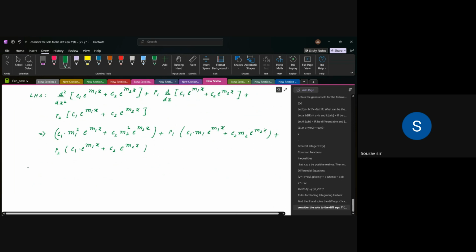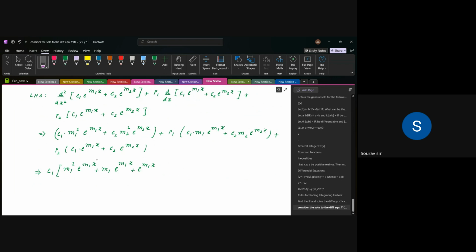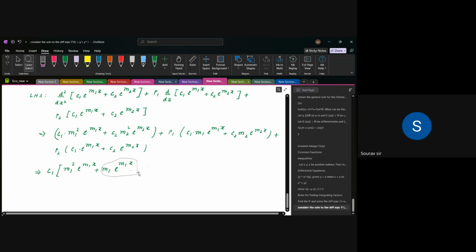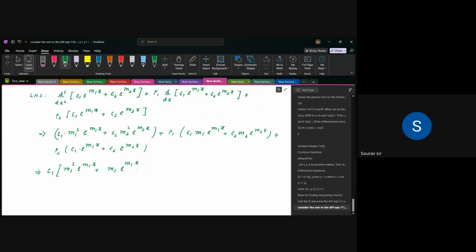So if now I just rearrange this a little bit, if I take all the terms with C1 as common, what will happen? C1 times m1 square e raised to the power m1x plus P1 m1 e raised to the power m1x plus P2 e raised to the power m1x, right?